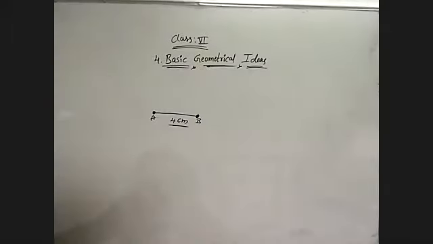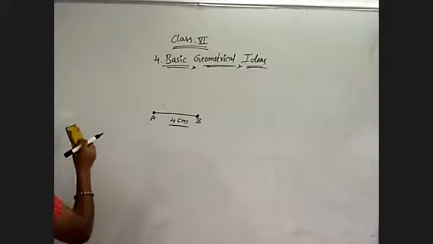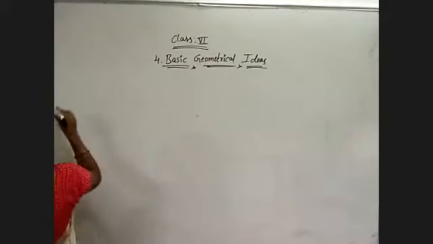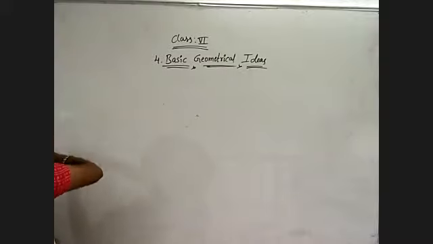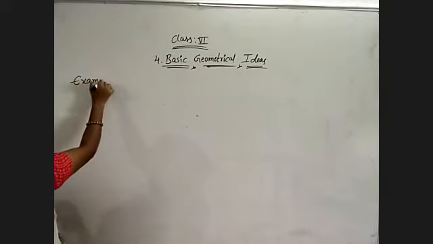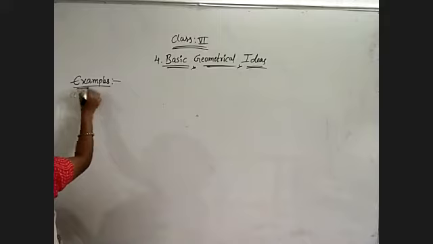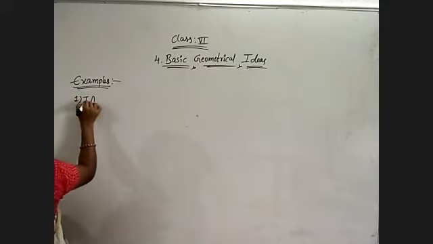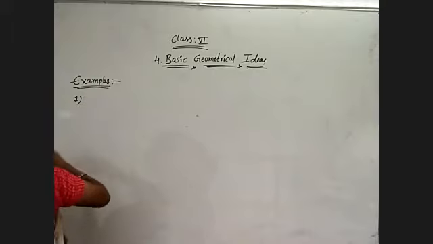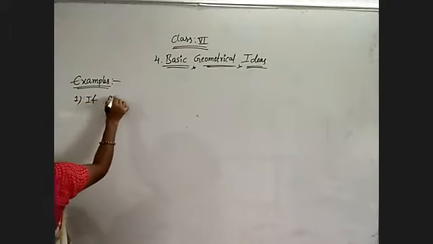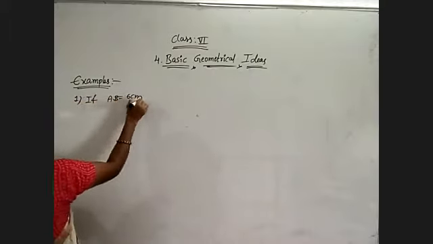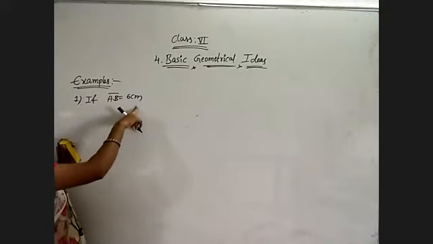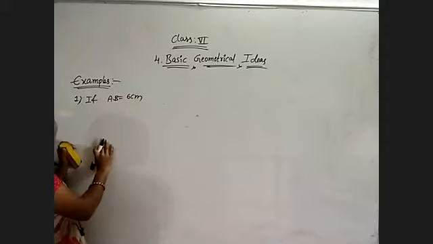Here my question is, all these are example problems on whatever we have studied. First one: if AB is equal to 6 centimeters. Actually, we need to indicate a line segment with a bar, but only a line segment can have its length measured, so we need not mention it, no problem.